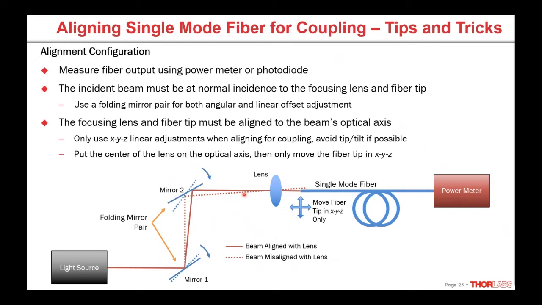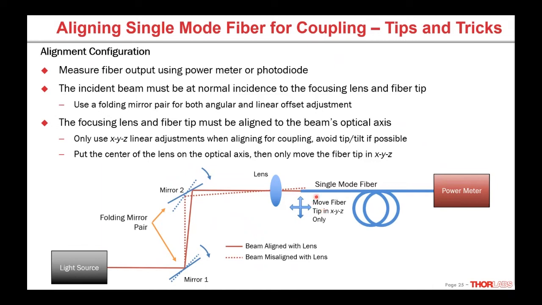It's important to have everything parallel and on axis. So I'm a big fan of having that input beam centered on the lens and having that lens and the fiber tip orthogonal or aligned to that optical axis. We put the beam in the center of the lens, and then we only need to move the fiber tip in X, Y, and Z linear movements to get that fiber tip lined up with the beam waist that the focusing lens is producing.